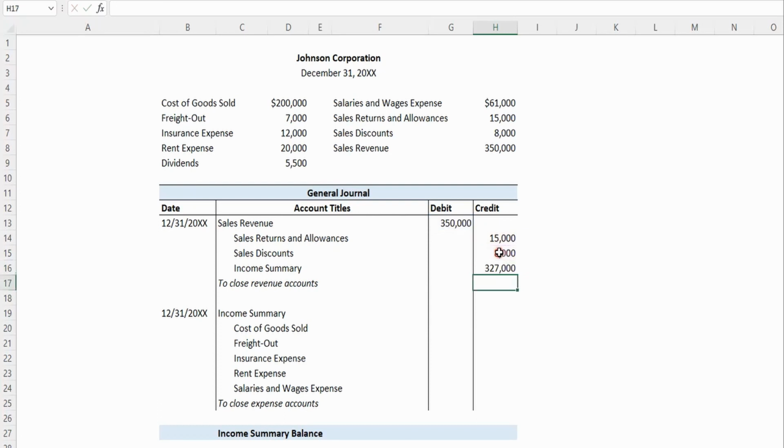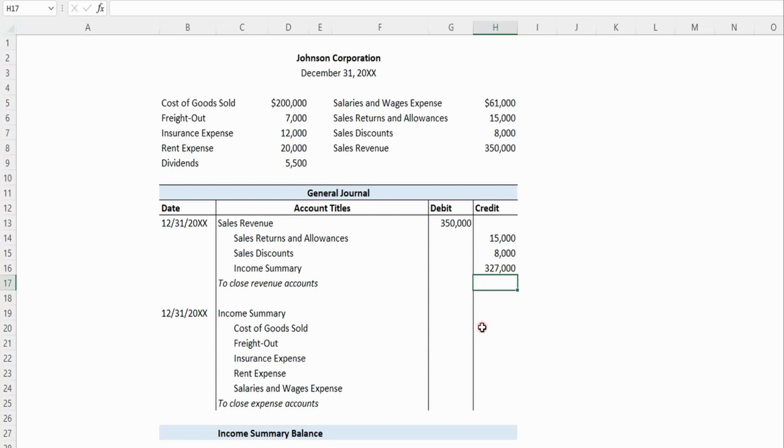This entry reduces the balance in revenue and contra revenue accounts to zero and prepares them for the next accounting period. The second step in the closing process is to close all expense accounts to income summary.